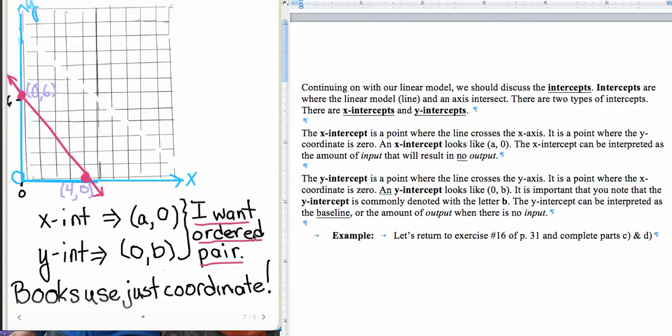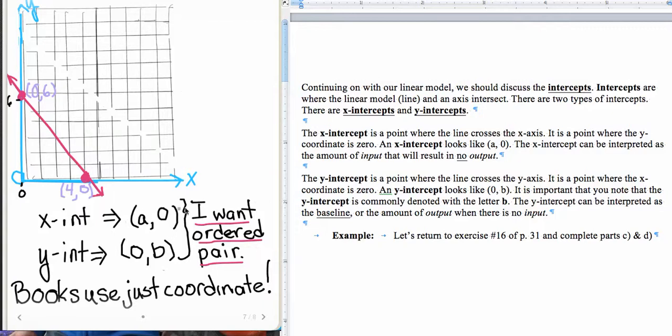Now, to further illustrate the fact that we have interpretation for x and y intercepts, an x-intercept is interpreted as the amount of input that is available when there is 0 output, or no output, and the y-intercept is what we call in a lot of linear models a baseline, or the amount of output available or being given when 0 input is present.